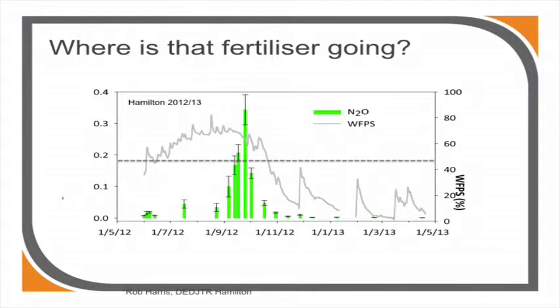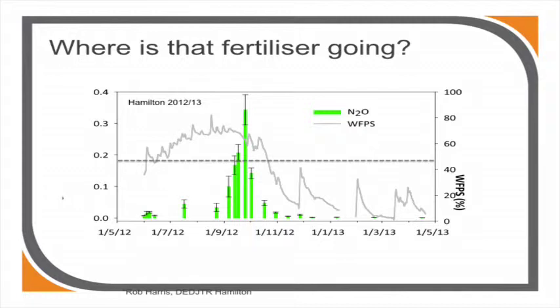One of the things that we, in addition to this nitrogen recovery measurements that we've been taking, we've also been actually monitoring these sites for nitrous oxide loss. Basically looking at Rob's data set, in the grey line here we've actually got what we call water-filled pore space, which is essentially how waterlogged is the soil, what percentage of that soil's pore space is actually occupied by water.